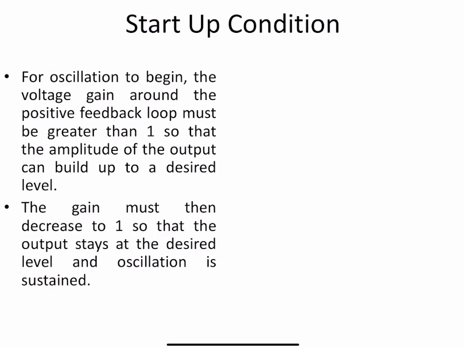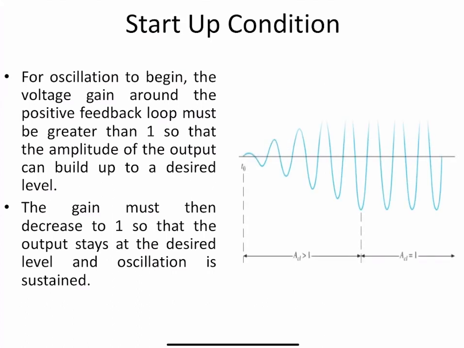We have to get sustained oscillation in the oscillator circuit. Whenever oscillations build up to the desired level, as you can see in this figure, the output remains constant. Under this condition, the voltage gain around the positive feedback loop must decrease to unity to get sustained oscillations.